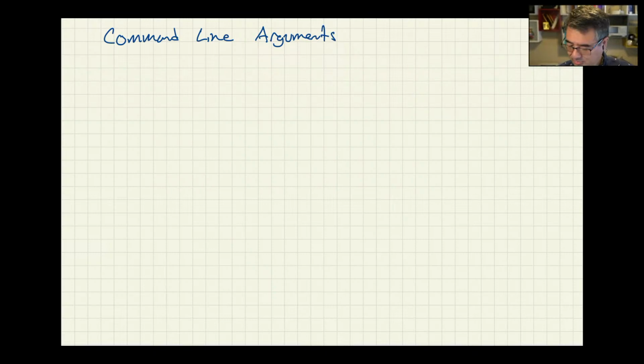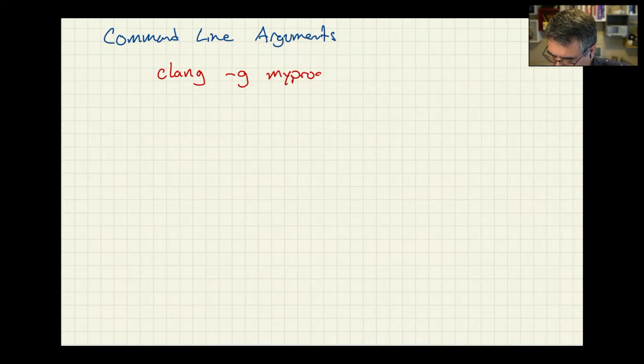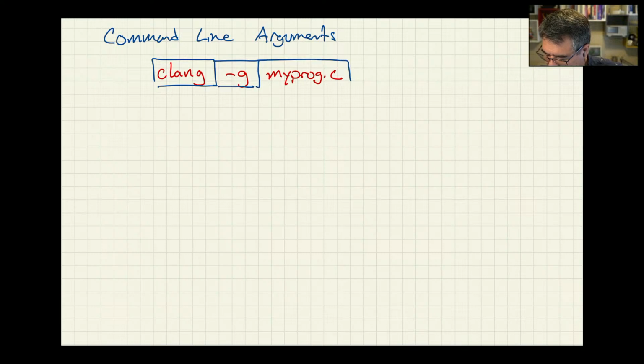So here's that example again. clang -g myprogram.c. And so it's going to make a 3-element array out of this. This is element 0, this is 1, and this is 2.